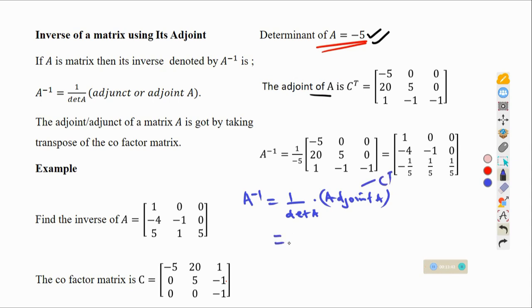So clearly, we have 1 over the determinant of A, which is -5, as we have seen, multiplied by the adjoint, which is the transpose of the cofactor matrix.